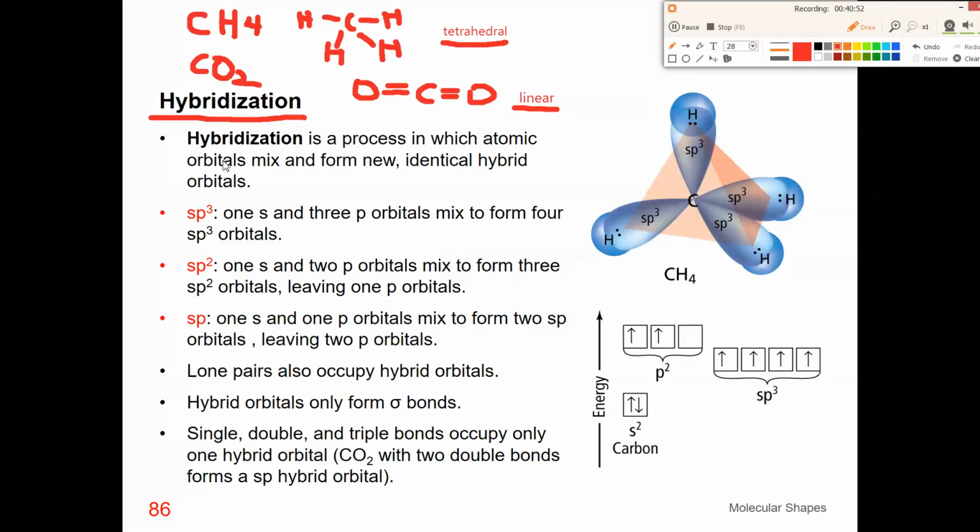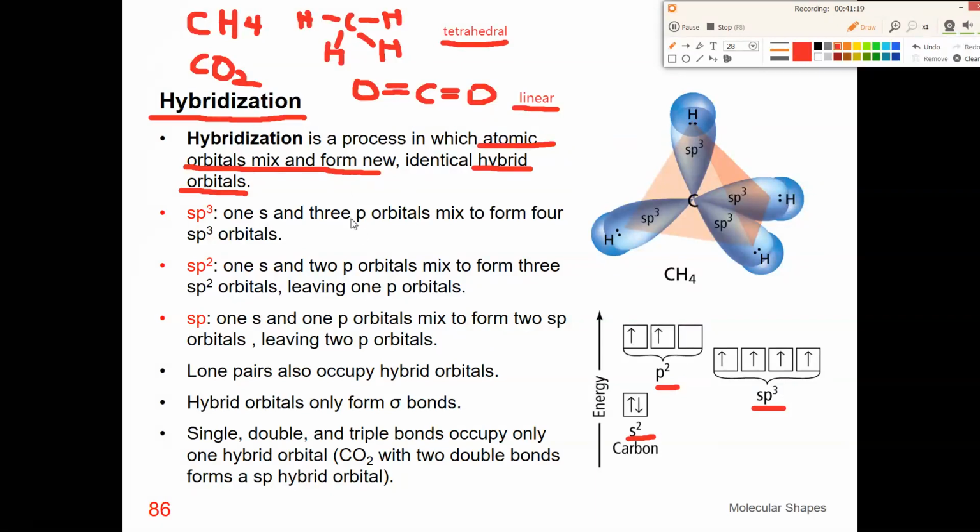Basically the purpose of hybridization is that atomic orbitals are going to mix and form new hybrid orbitals, like s and p orbitals. In this example, s and p orbitals are going to mix together and form sp3 orbitals.